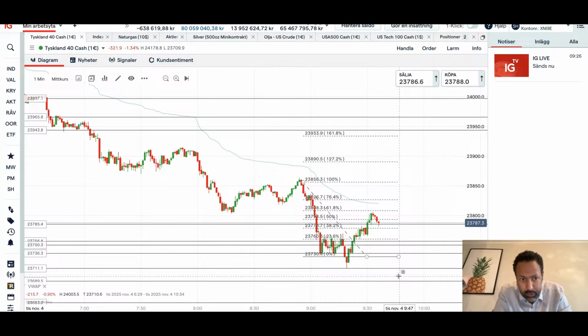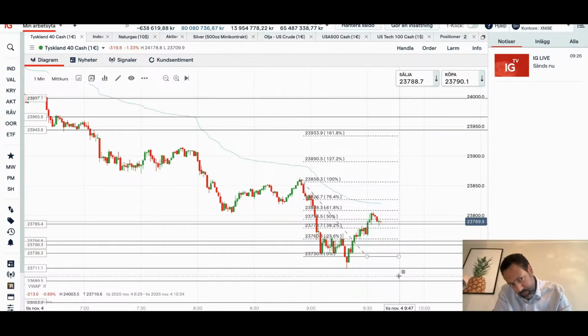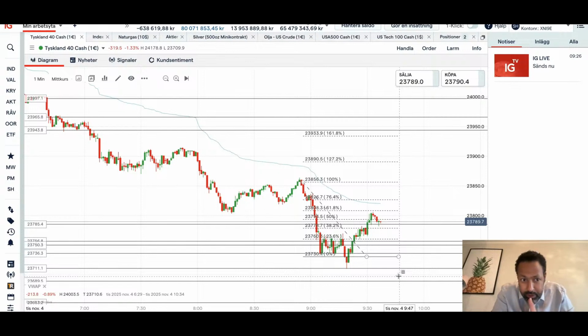So giving it a little bit of room there. I think this can come down more. Let's see. I'll give 0.01% back there to the markets. Let's take that on a better entry another time.